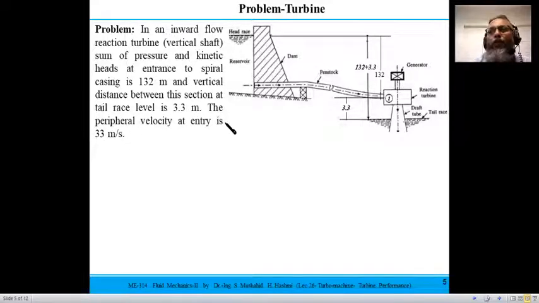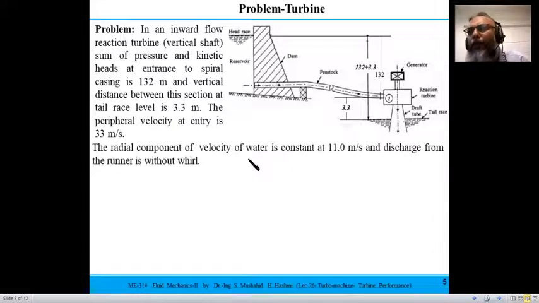The peripheral velocity, your tangential velocity, which is your blade velocity, is given as 33 meters per second, and at the runner inlet and outlet your peripheral velocity remains the same because that is your blade velocity. What is given more is that the radial component of the velocity of the water is constant, and discharge from the runner is without whirl. So the radial component of velocity is constant, which means VR1 and VR2 have the same value, 11 meter per second.